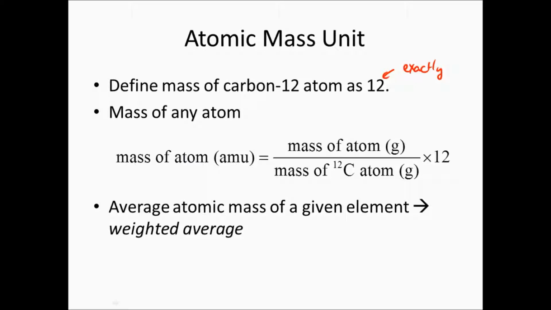But what we need to realize is that the average atomic mass of a given element is the weighted average. So what that means is that this value, which is what we see published on the periodic table, is given by averaging out.